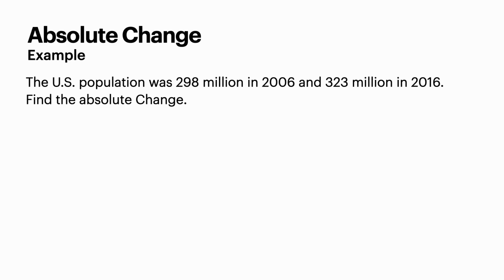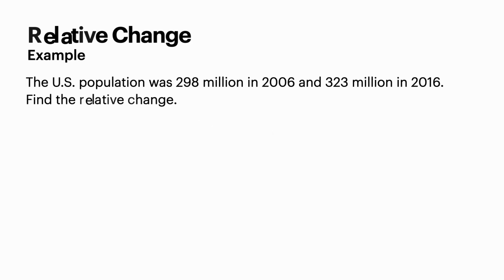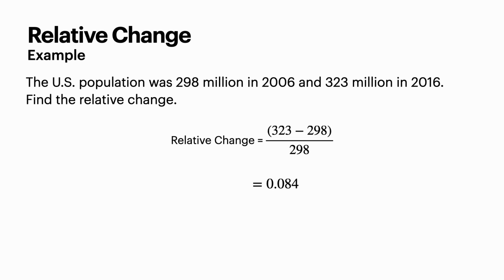We just subtract them, right? So we subtract them, 25 million people. Great. What is the relative change? Well, we take that absolute change we just found and divide it by the old value. So I find 0.084. That's an 8.4% increase.